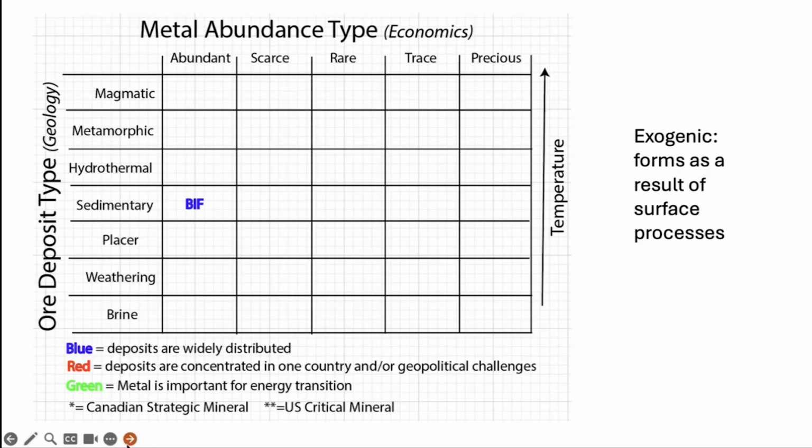All right, so I tried to make some sense out of the deposits by plotting these two things: the ore deposit type, and we can talk about what kinds of ore deposits there are. And then the metal abundance type, which is basically economics, right? Abundant, scarce, rare, trace, precious.